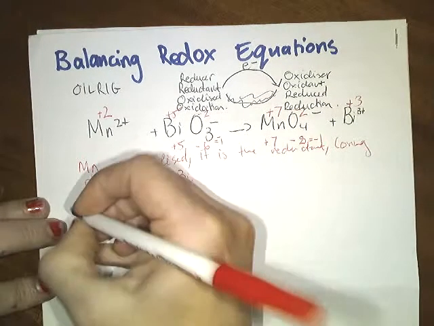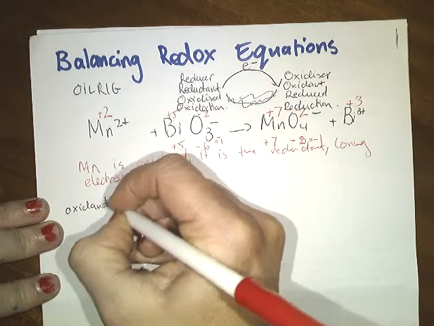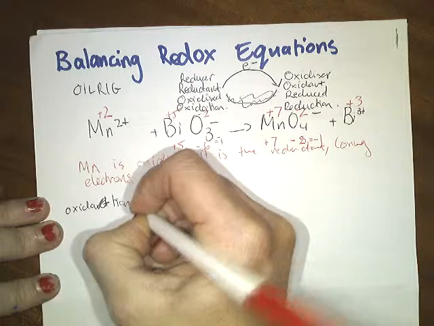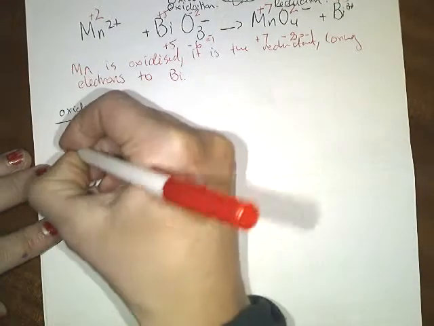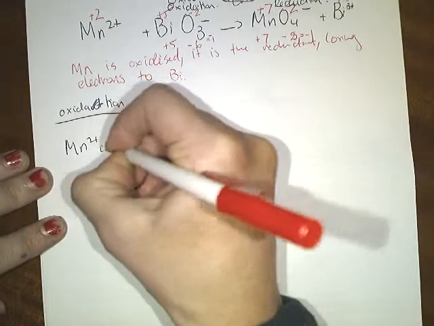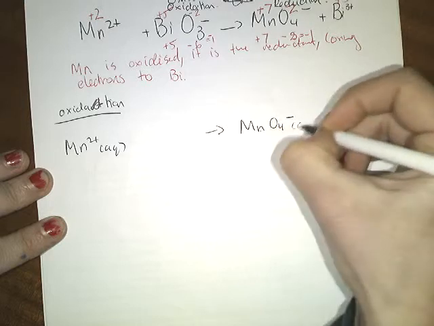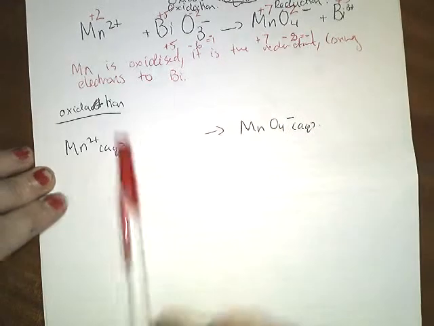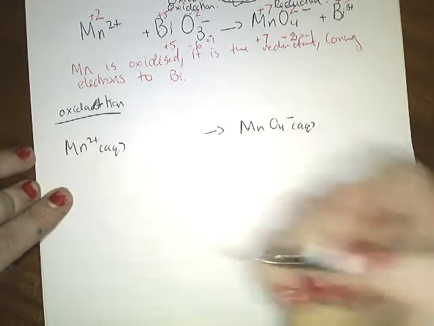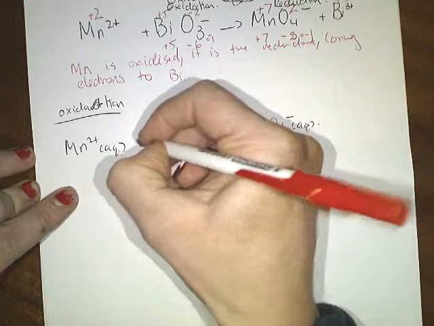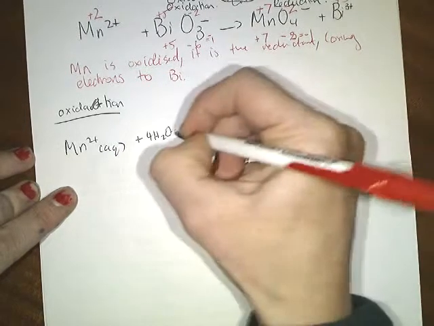Alright, so when you're writing the two equations, you've actually got to do them as half equations. Oxidation half equation we will do here, so that's Mn2+ to MnO4-. So first you balance for elements other than H and O, and that's already done. Then you balance for oxygen by adding water, so we're going to have to add 4 waters to balance for those oxygens.